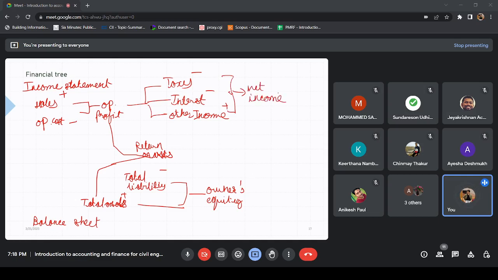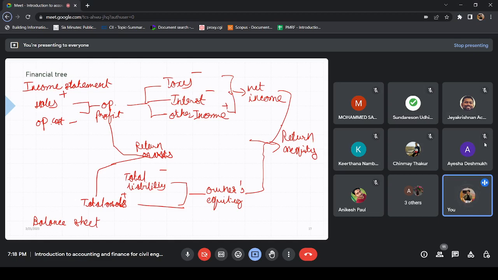And from these two terms, owner's equity and net income, this was the equity and you got this return, so this will be your return on equity. So now you can see that these two things, income statement and balance sheet, we tried to link and bring on the same page.